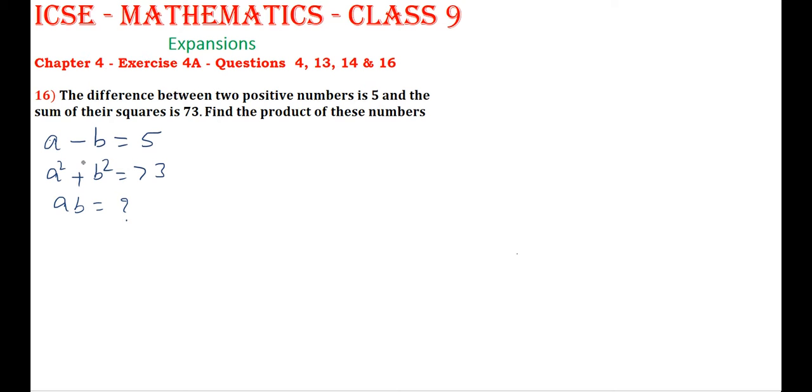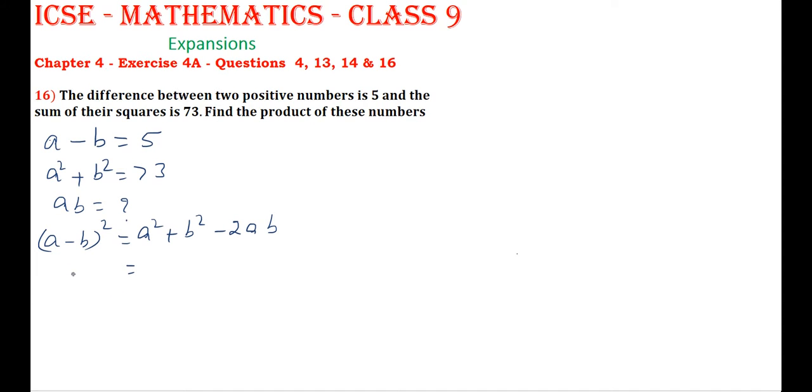So a minus b is there, a square plus b square is also there. So we can use the formula a minus b the whole square equal to a square plus b square minus 2ab.